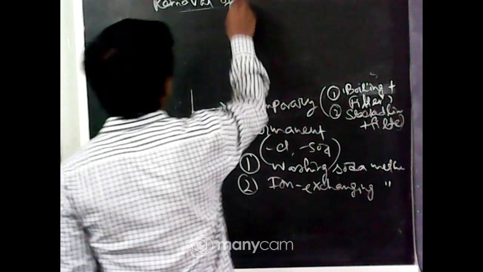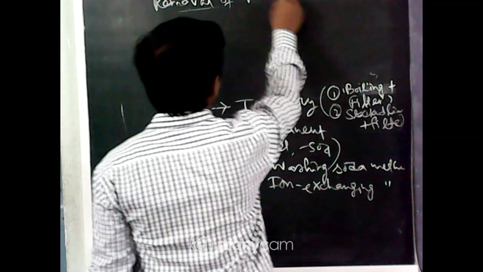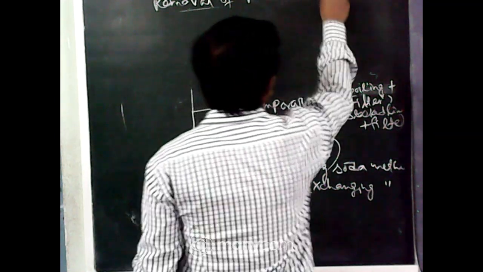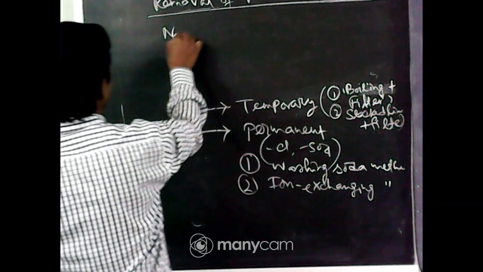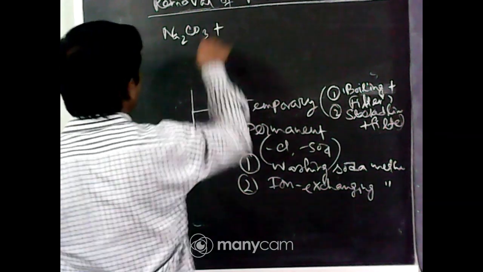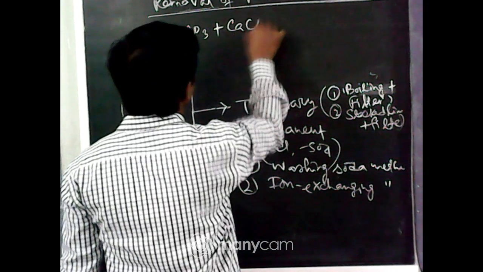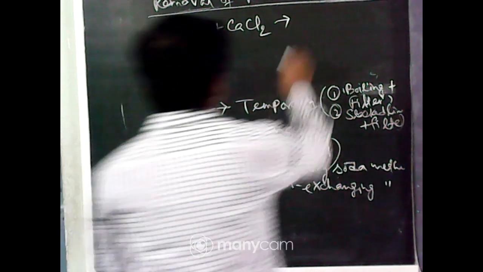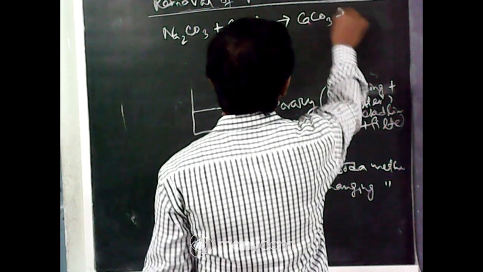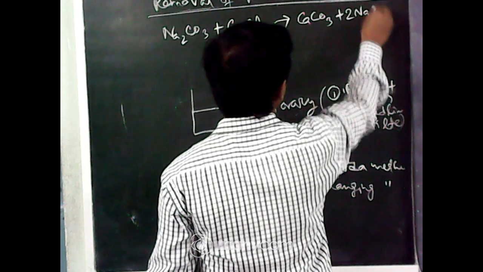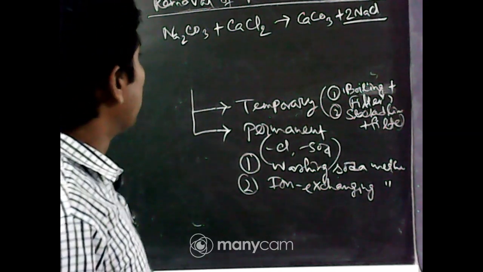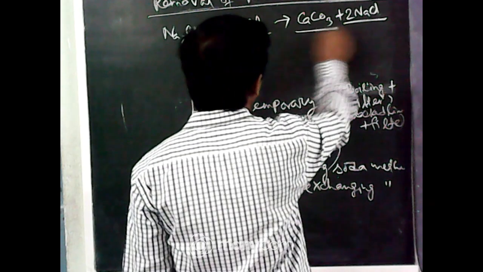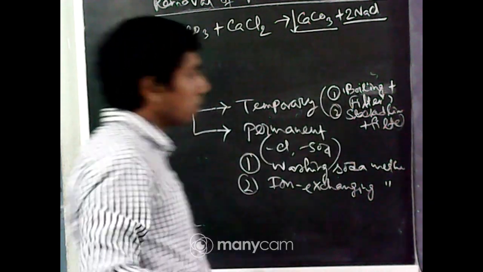So, Na2CO3 plus calcium chloride gives calcium carbonate plus 2NaCl. Now, NaCl is not harmful to us, and calcium carbonate is deposited.